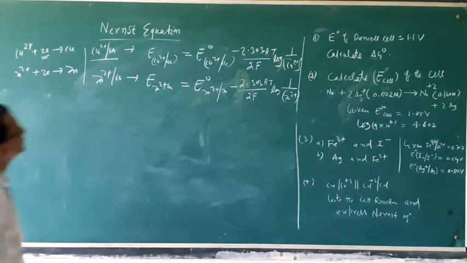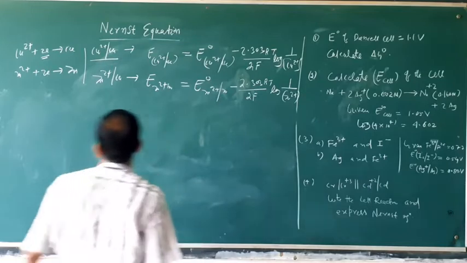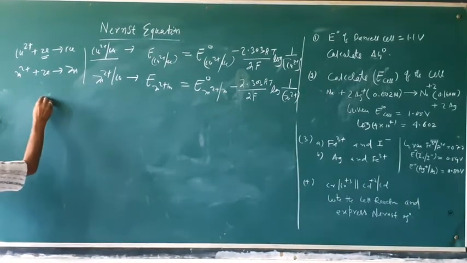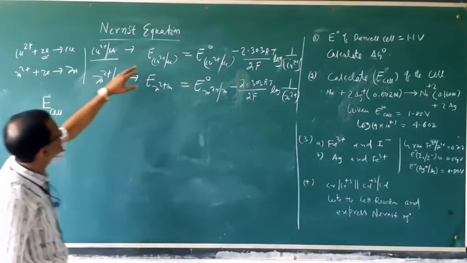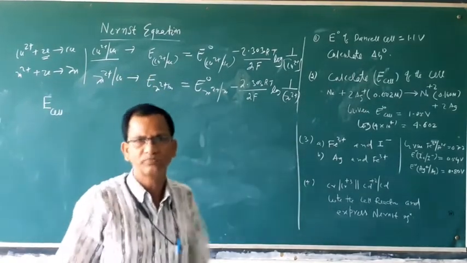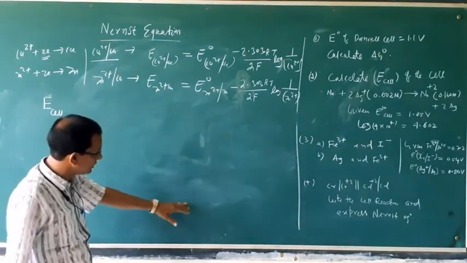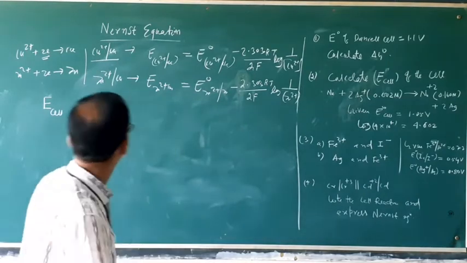Okay, so this is your first equation, this is your second equation. Now E of the complete cell: this is your half cell, this is your half cell. We know zinc and copper, you have already seen the representation. Zinc is anode, copper is cathode.